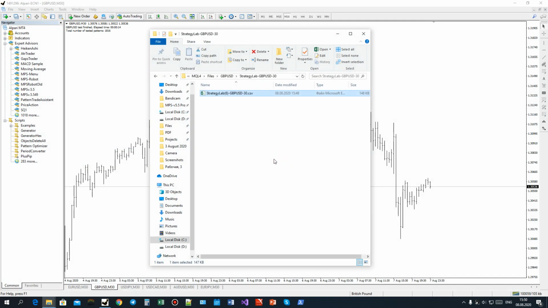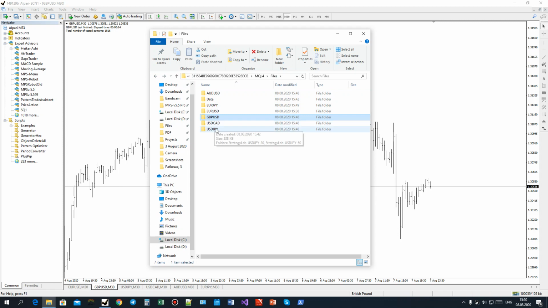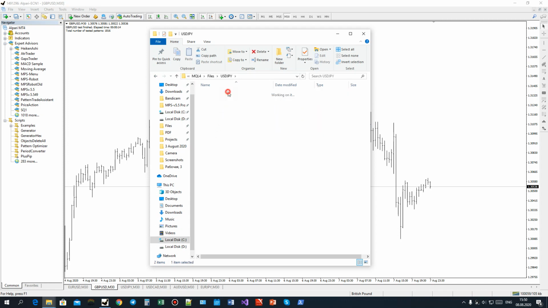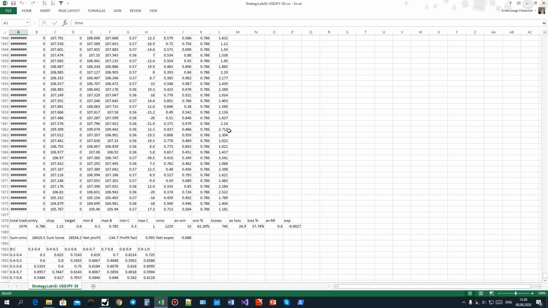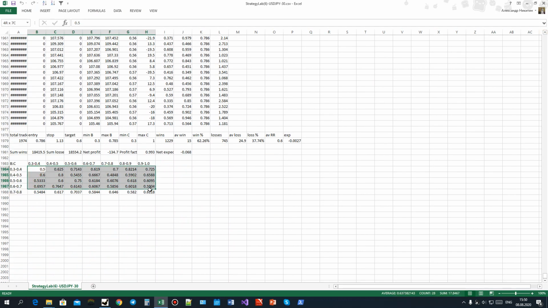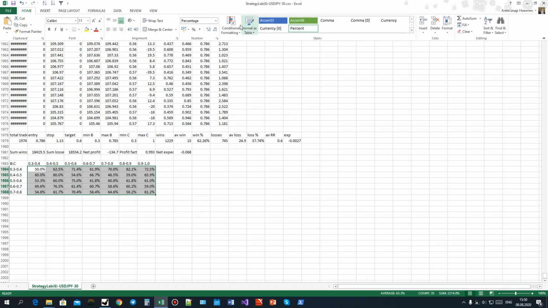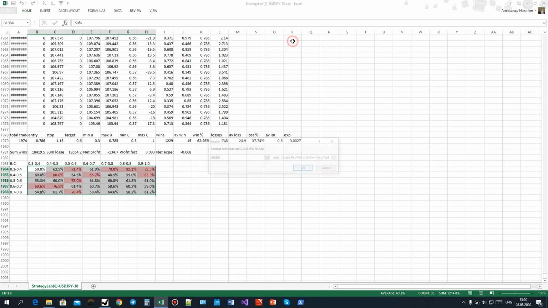Okay, so the next pair is dollar yen 30-minute. We have it. The backtest is done. So we turn this into percentages. We then go to conditional formatting.